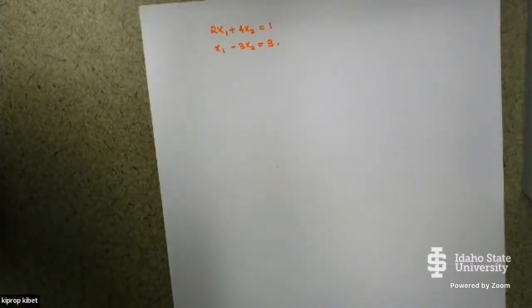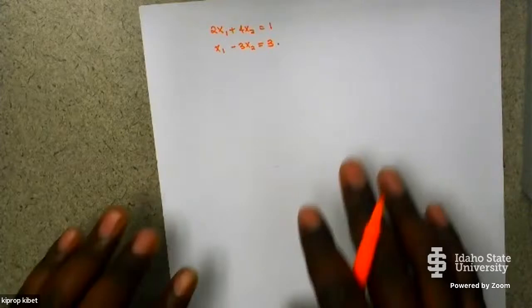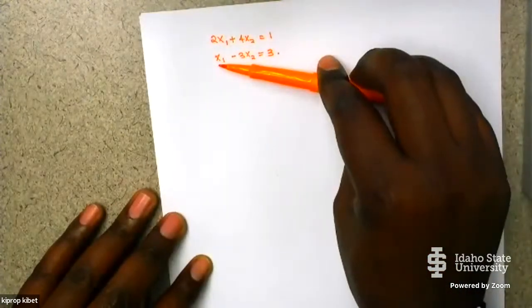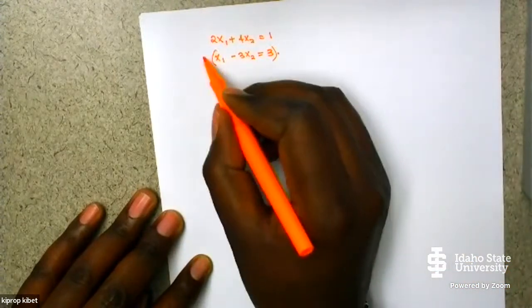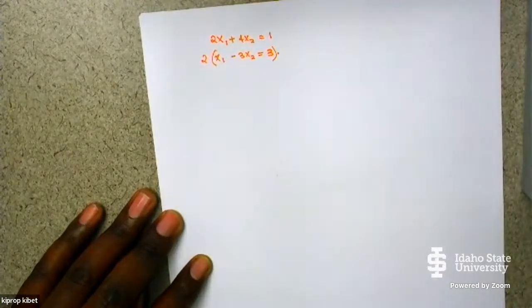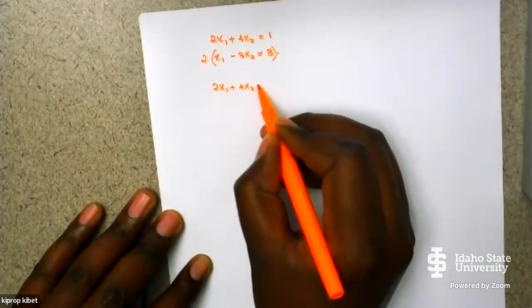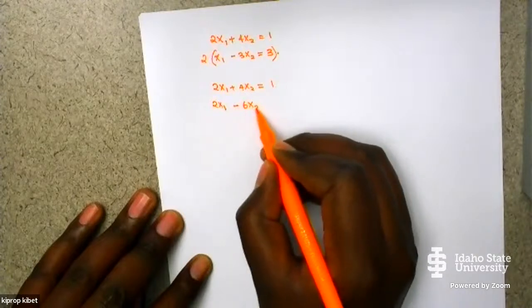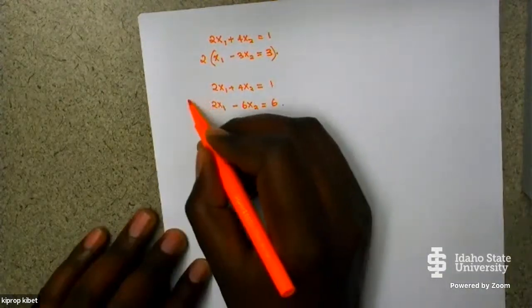Here it is easy to use the elimination method. We can eliminate x1 by multiplying equation number 2 by 2. So we get 2x1 plus 4x2 equals 1, and then 2x1 minus 6x2 equals 6. And then we subtract.